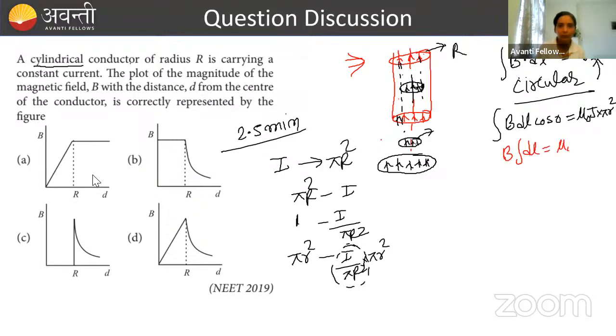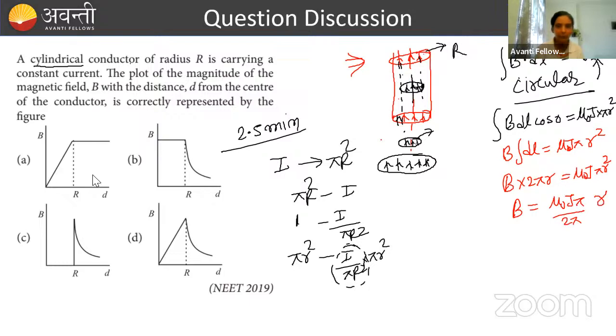This is equal to mu naught J pi r square, right? And the summation of dl will be what? B into 2 pi r. This is equal to mu naught J pi r square. So B will be equal to what? Mu naught J pi by 2 pi. एक r से एक r कैंसिल होगा, यहाँ पे r बचेगा. So this is constant, right?